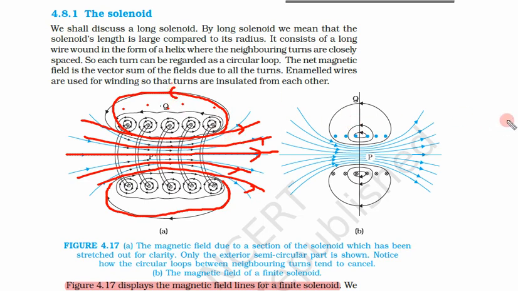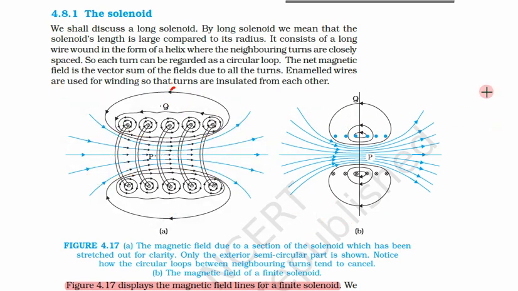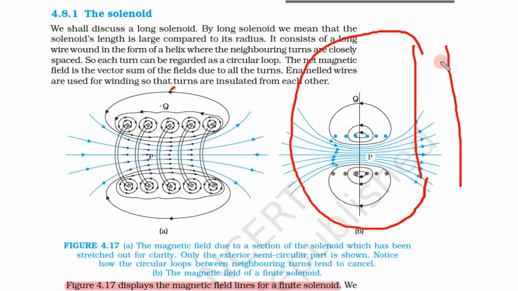If we make the solenoid much lengthier, with many turns, the field outside is very weak. So if this solenoid is very big, the field outside becomes very weak.